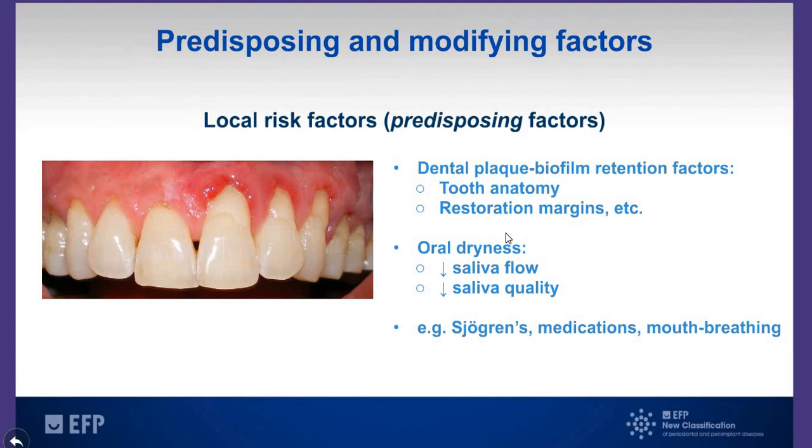The local predisposing factors, which are the plaque retentive factors, include tooth anatomy, restoration margins, overhangs, salivary dryness, increased salivary flow, and increased quality of saliva so it becomes more sticky, for example in Sjogren's syndrome, while taking medication, mouth breathers.